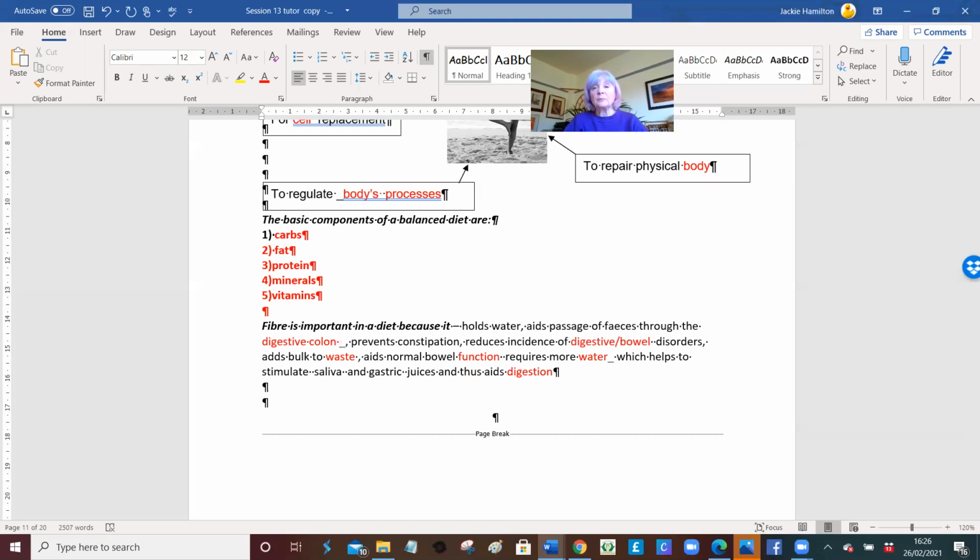And so it helps prevent constipation and reduces the amount of digestive and bowel disorders, and adds bulk to the waste. So it aids normal bowel function and requires more water, which helps to stimulate the saliva and the gastric juices and helps with digestion. So a lot of pappy food that just slips down isn't so good for our system. We need something with a bit of fiber in it.